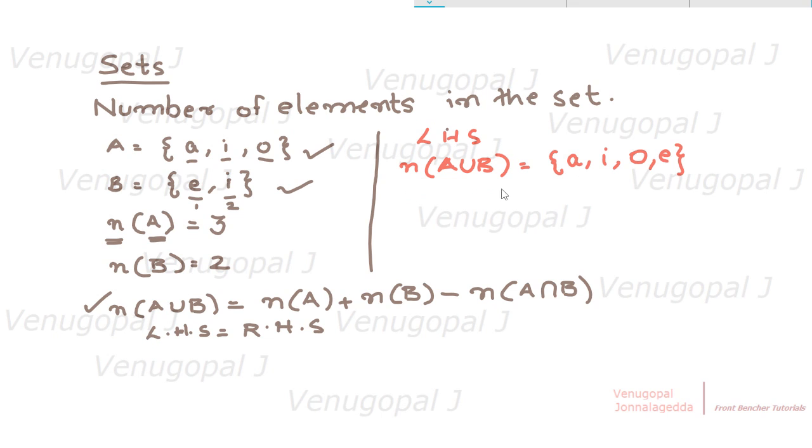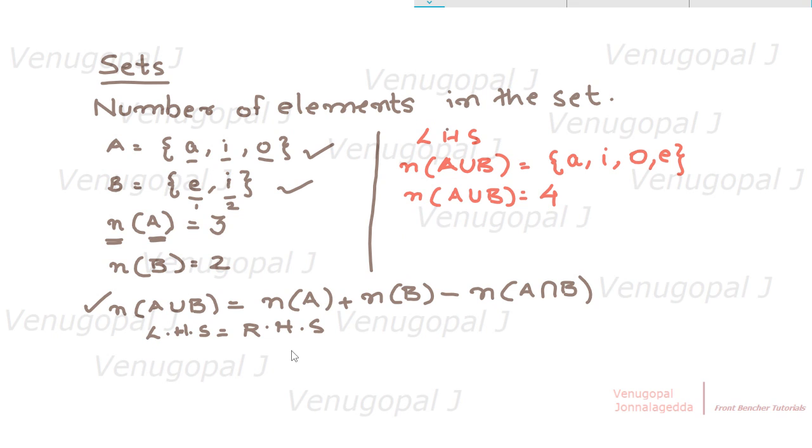So the number of elements of A union B is equal to 4. We have got the LHS part.